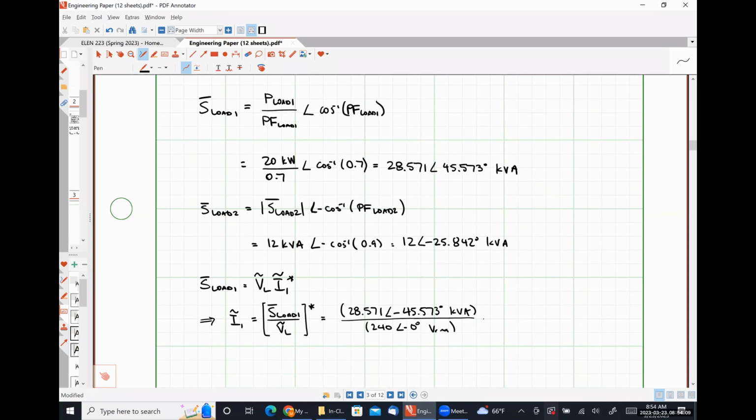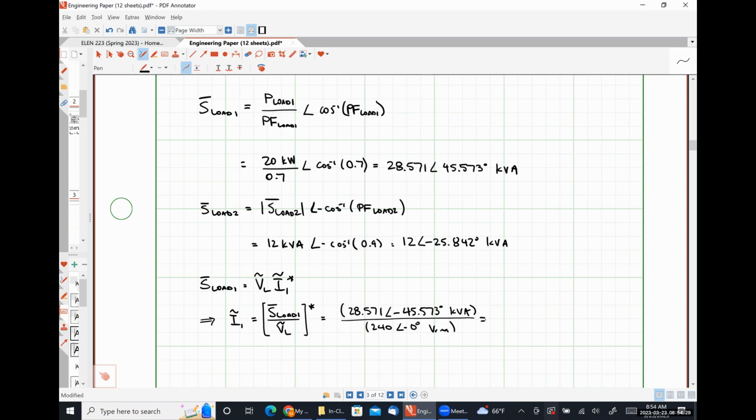I'm putting -0 there just to remind myself that when I take the conjugate of a fraction, I need to conjugate both the numerator and the denominator. Or you could literally just tell your calculator, do the fraction and then take the conjugate of the result. Either way works.